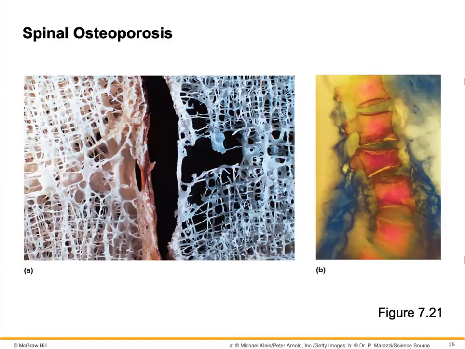It's also seen in young female athletes because they have low body fat, which causes them to not produce as much estrogen. Treatments for this, there's estrogen replacement. There's other drugs such as PTH itself, so taking parathyroid hormone as an injection, but the best treatment is going to be prevention.